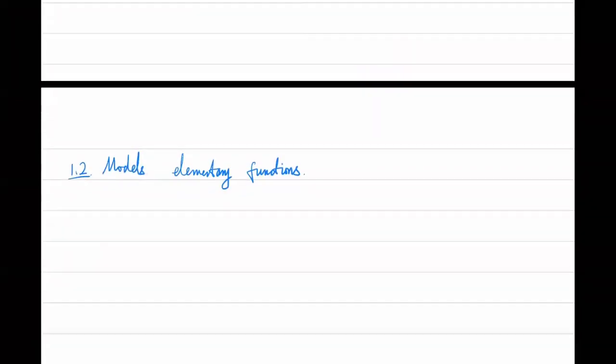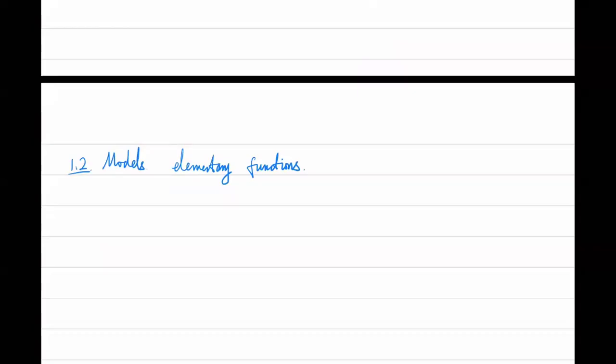So now we will go to the next subsection about models. So elementary functions. Okay, the ones we have seen before: x, x squared.